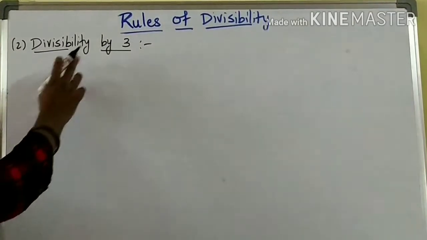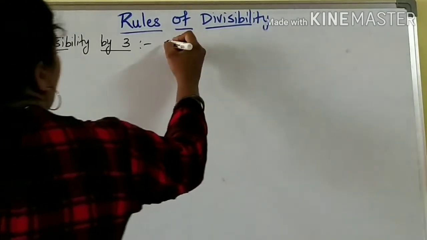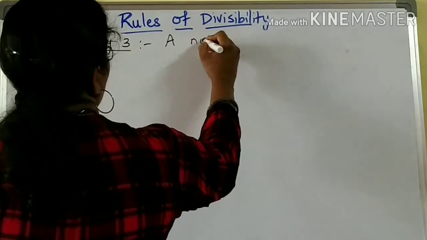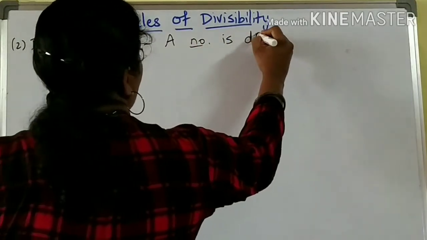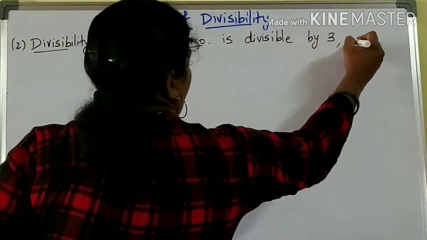Next, divisibility by 3. How to check whether a number is divisible by 3 or not? In this process, we have to take the sum of the digits. You know what sum is, children? Sum is nothing but addition. So what is the definition of this?